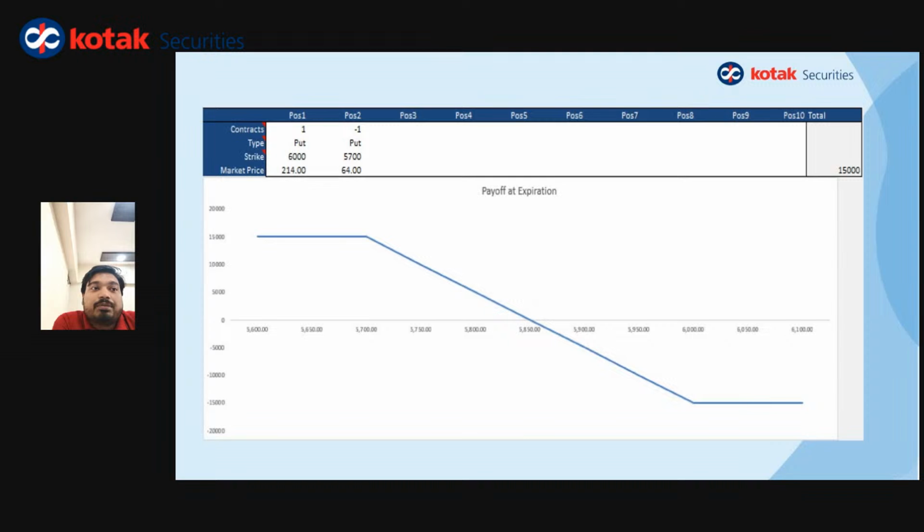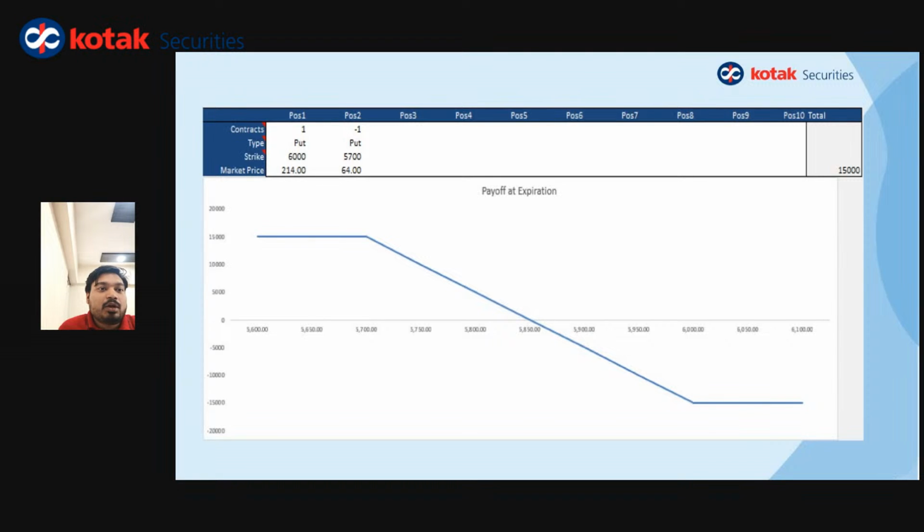It's not like it will be a complete hedge position. There might be some offset of the margin when you're buying a put and selling an option, when the futures margin is getting blocked. Whenever a single option is sold, the futures margin is blocked for that particular leg.